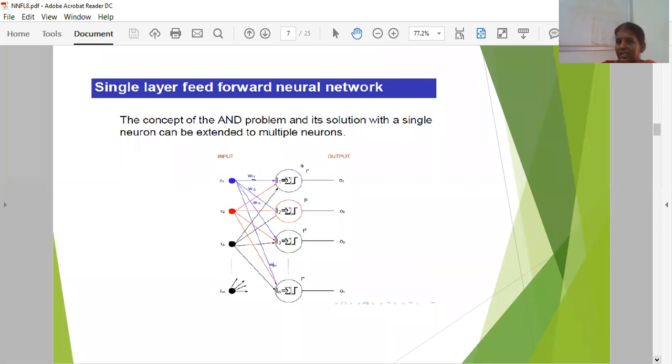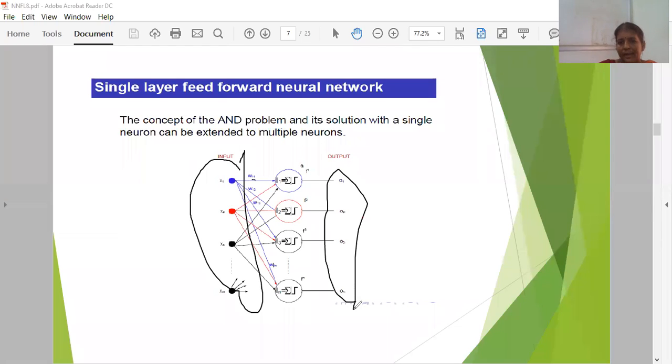You can extend this AND problem to n number of neurons. In that case also, you will have only a single layer, which includes one input layer and one output layer. Here, your input layer is indicated with these m number of neurons.